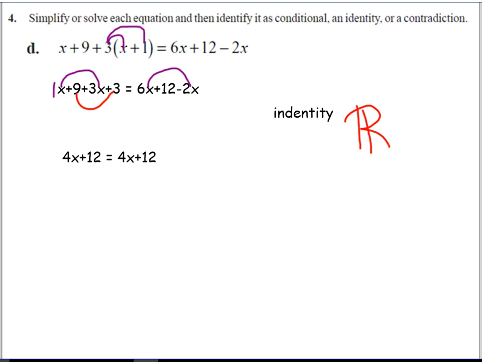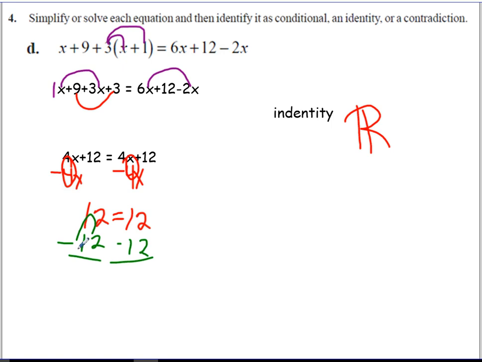But if we were to prove what they said we can get down to 0 equals 0, we could subtract 4x from both sides. And when we do that, we end up zeroing both of them out. And so we're left with 12 equals 12. And then if we wanted to get down to our 0, all we would say is, now I'm going to subtract 12 from both sides.